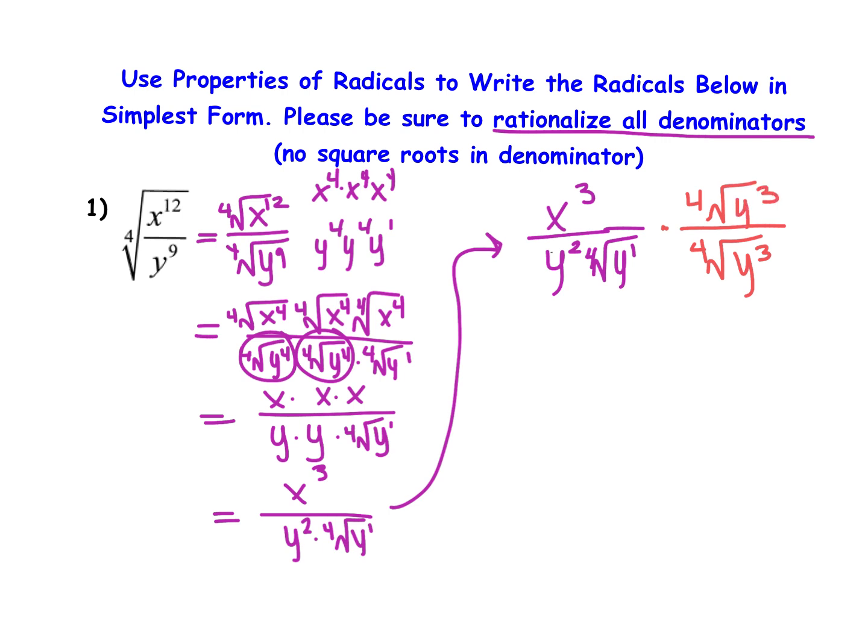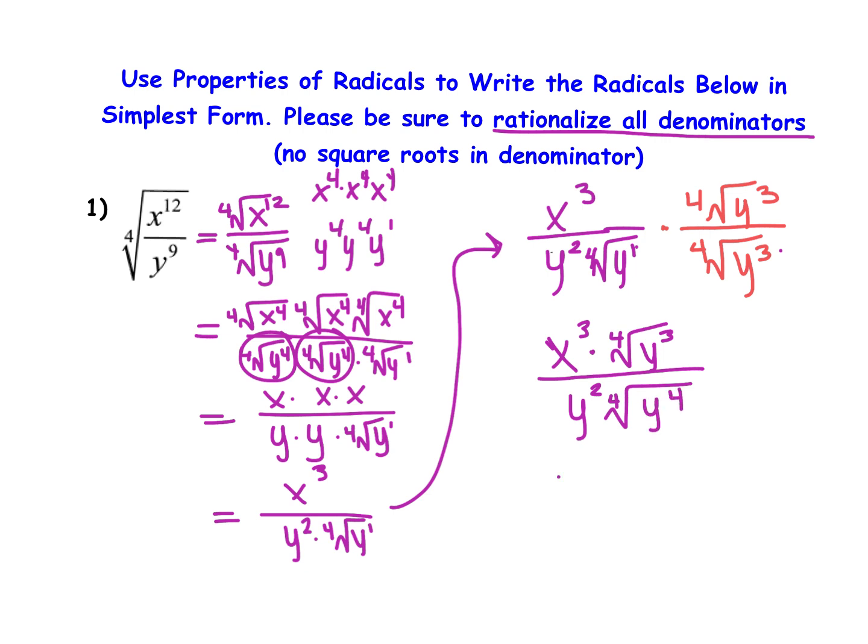So now I'm just going to multiply across. So the numerator just becomes x cubed times the fourth root of y cubed, because they can't be combined. One's outside the root, one's inside the root. The denominator here becomes y squared times the fourth root of, well, y to the first and y to the third become y to the fourth.